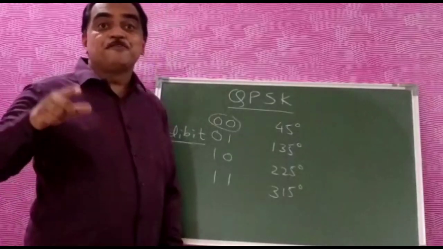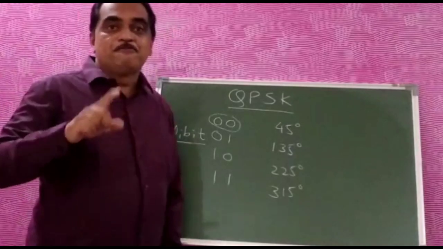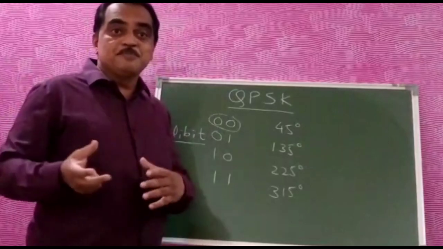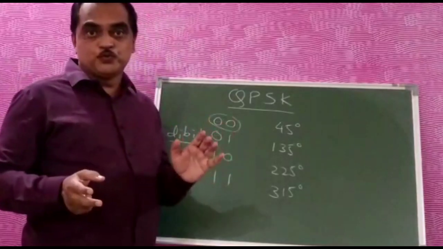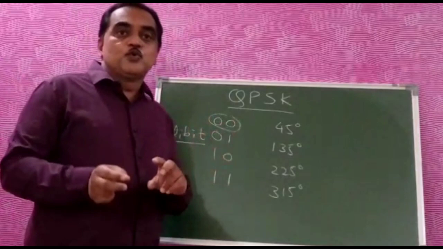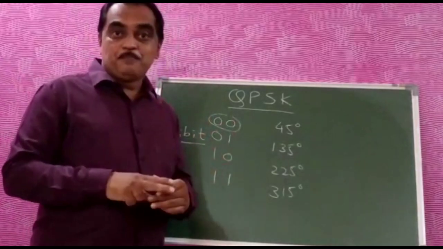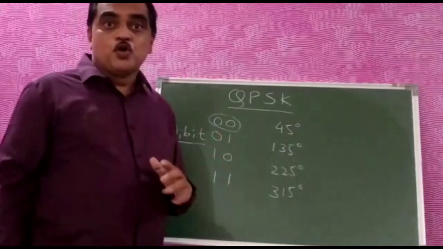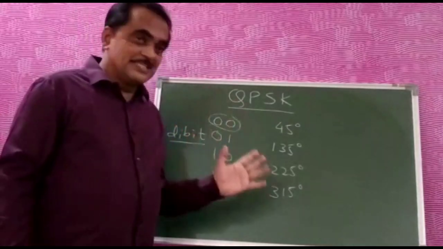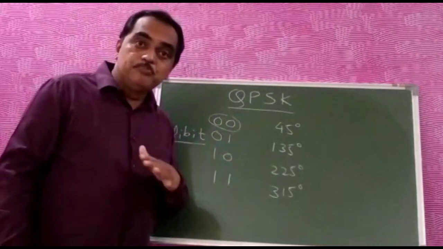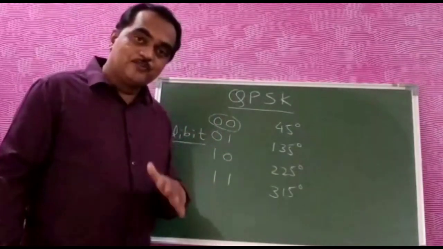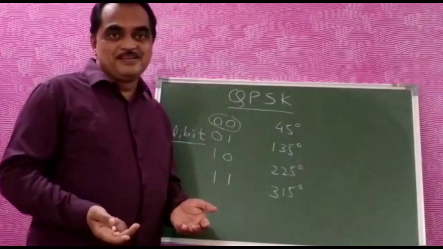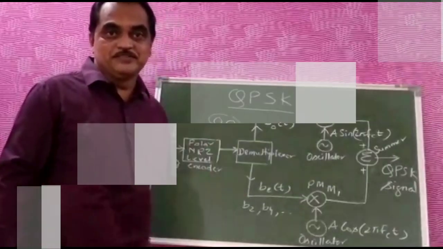Quadrature phase shift keying, or quaternary phase shift keying, or quadriphase shift keying. Quadriphase means you use 4 phase shifts, and each phase shift indicates a pair of bits. Clear? This is the basic concept of QPSK, and compared to BPSK and DPSK, it gives you a higher data rate, and that is the main advantage here.